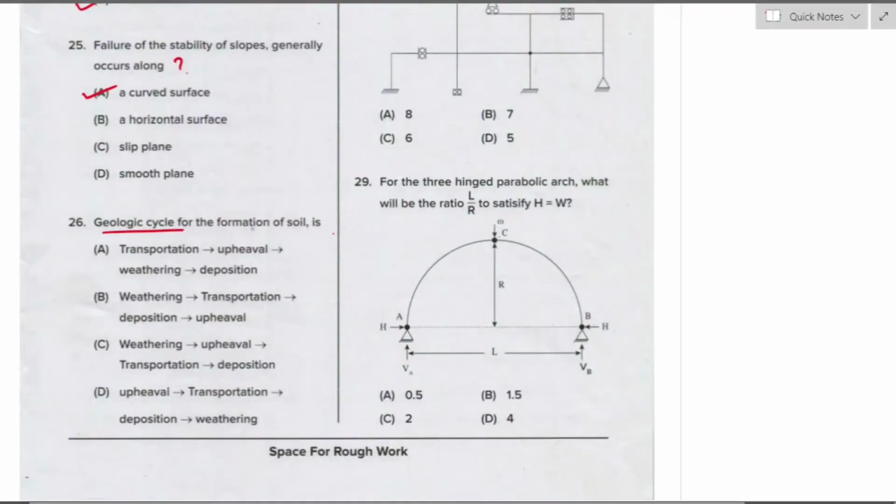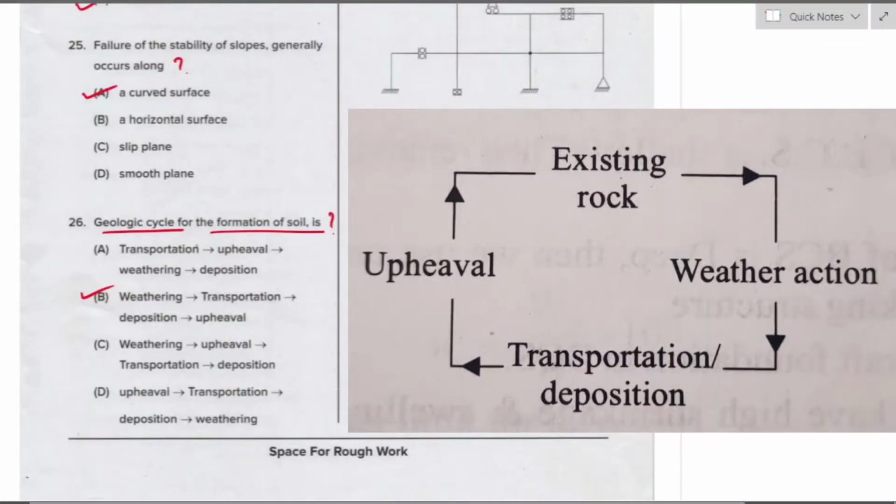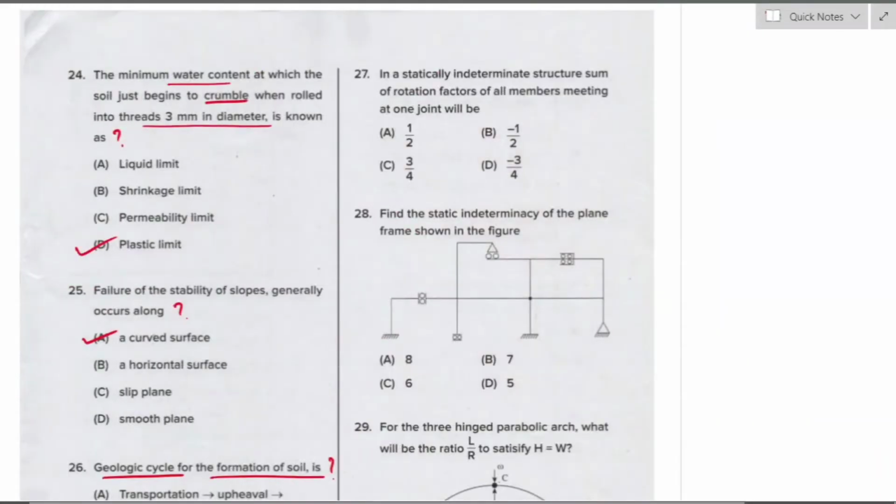Question number 26. Geological cycle for the formation of soil is. The formation of the soil in a geological process will be weathering, transportation, deposition and upheaval. So in the following figure you can observe the geological process for the formation of soil. Question number 27. In a statically indeterminate structure, sum of rotation factors of all the members meeting at one joint will be.